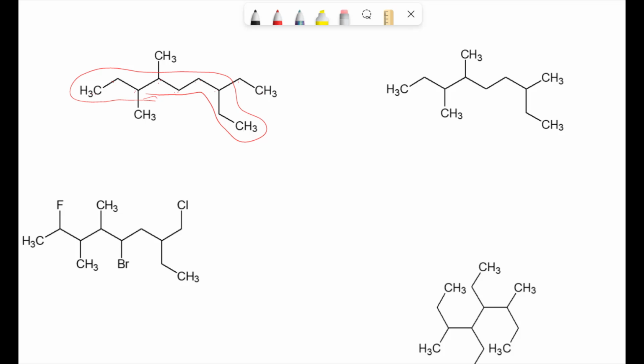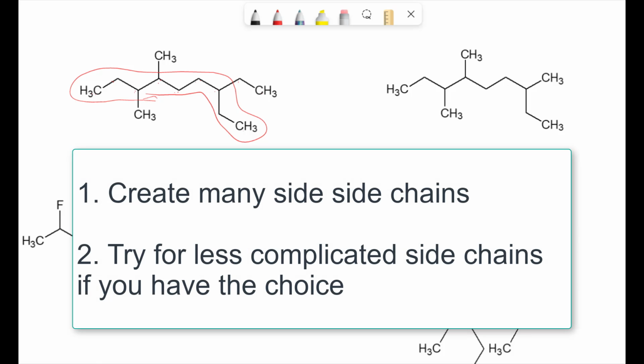And so both of these would be correct, but IUPAC wants us to kind of simplify in 2 ways. So the first one is they want us to create as many side chains as possible. Now that sounds kind of odd, thinking, well, doesn't that complicate things more? Not necessarily, because what we're trying to do is create the less complicated side chains as possible.